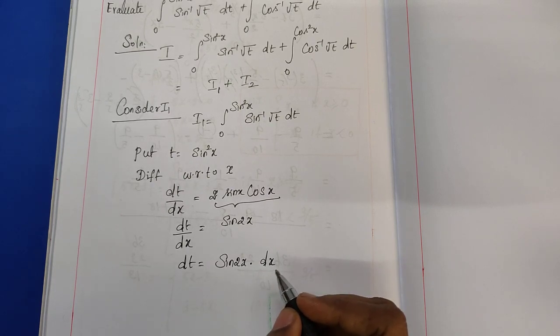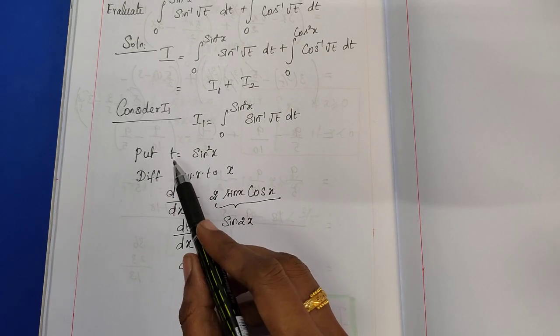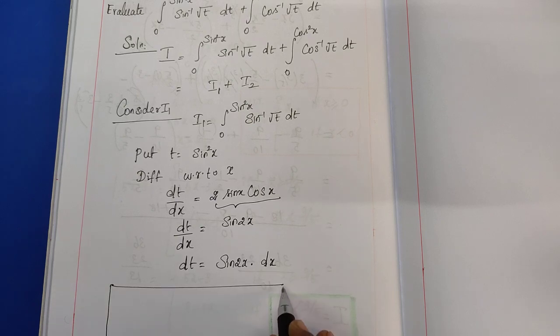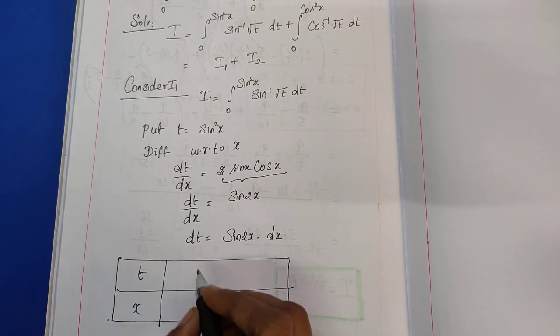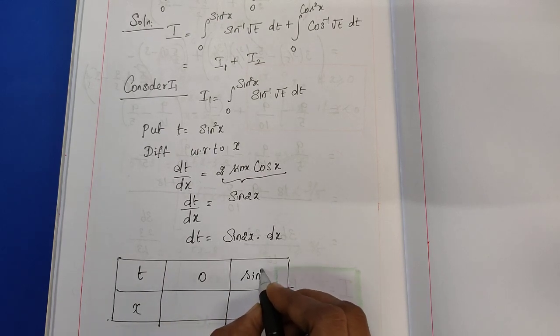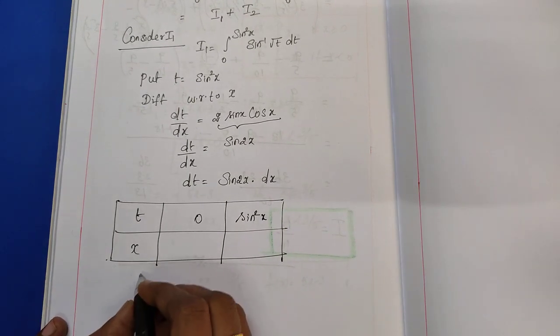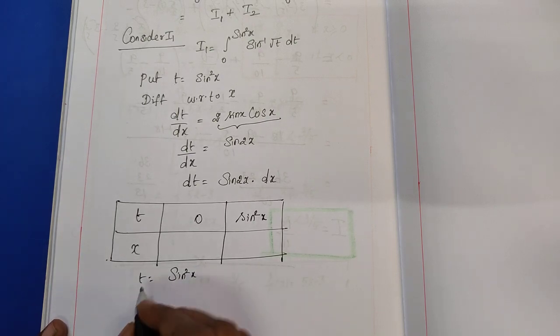Now changing the limit from the variable t to the variable x. The limits for t are 0 to sin square x.